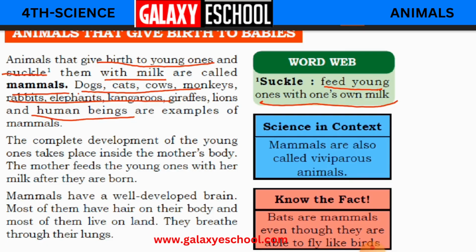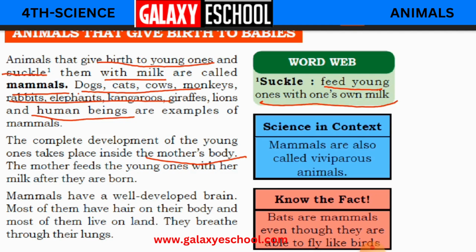Clear, children? The complete development of the young ones takes place inside the mother's body. So where does this development take place? Inside the mother's body. For birds and some types of insects like grasshopper and cockroach, they do not completely develop when they come out of the egg, that is, when they get hatched.